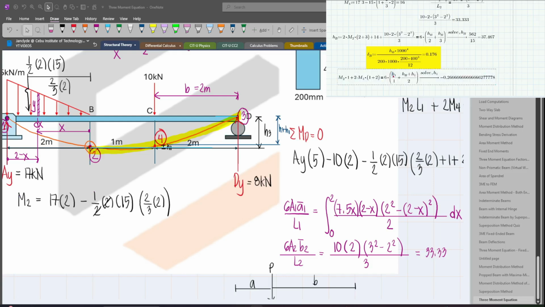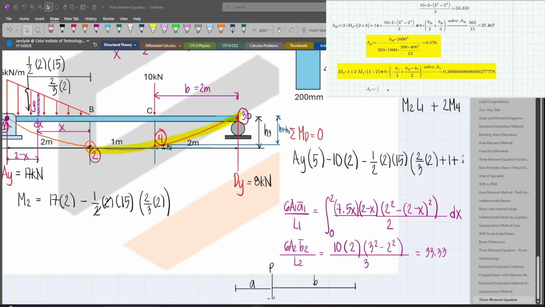But I'll just modify this back sa first equation natin. Negative h1 over 1, then hb minus h sub 1. 0.267. So ngayon, the deflection at C is equal to h sub b minus h sub 1.